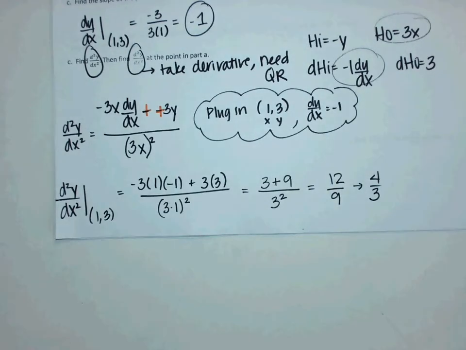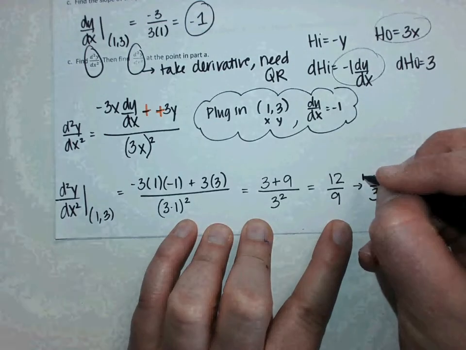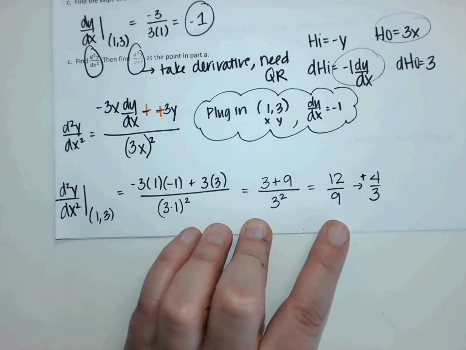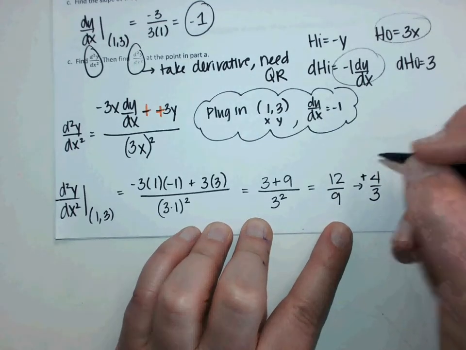Now, this is the sign of the second derivative. What is the second derivative in charge of? Concavity, or which concave direction it is. So if my second derivative came out to be positive 4/3, what's my concavity?